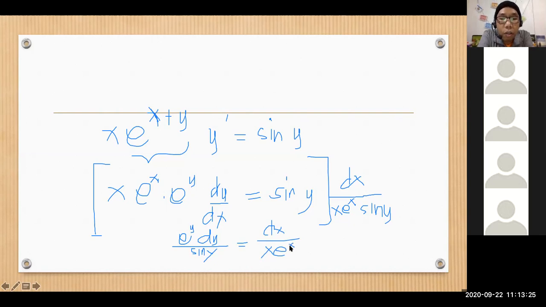So ayan, pure function of y sa left-hand side and pure function of x sa right-hand side. Okay? So yan yung mga example ng mga separable DE.